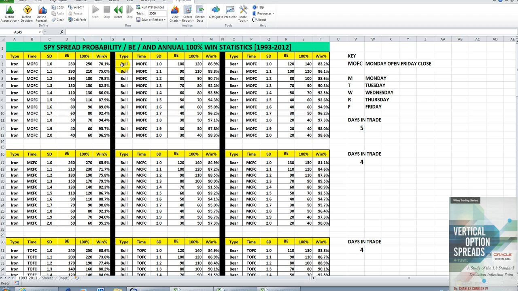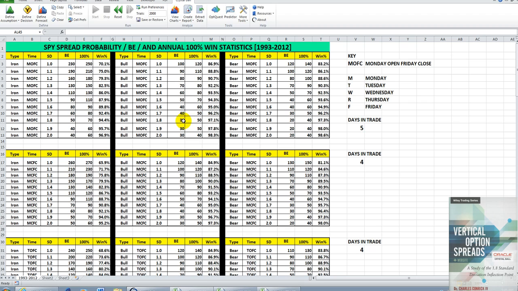A bull put spread, just a credit put spread, that's the purpose of the book, the 1.8 standard deviation inflection point. If I go under the asset price by 1.8 standard deviations on Monday morning at open, with my short strike at 1.8 standard deviations away, I should win about 97% of the time.